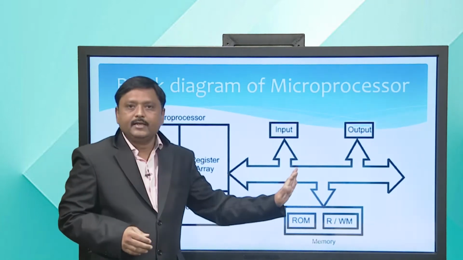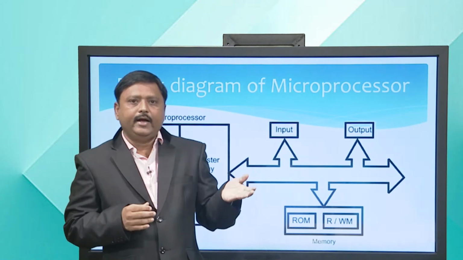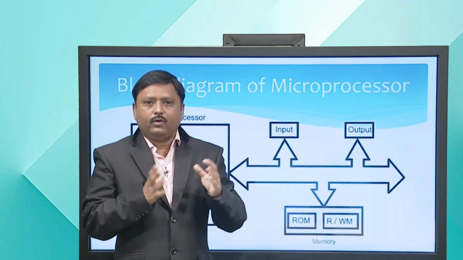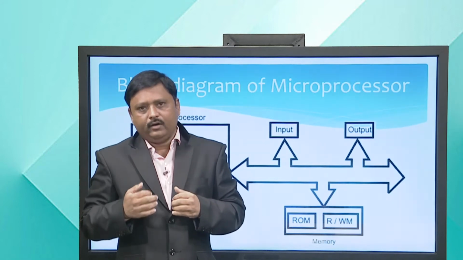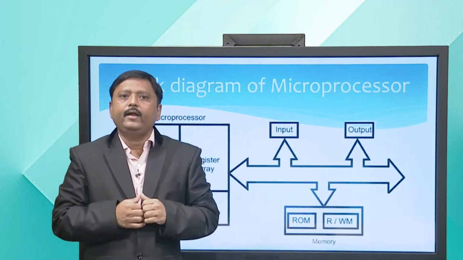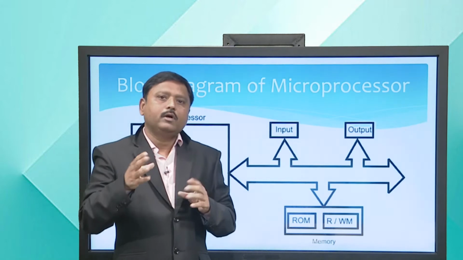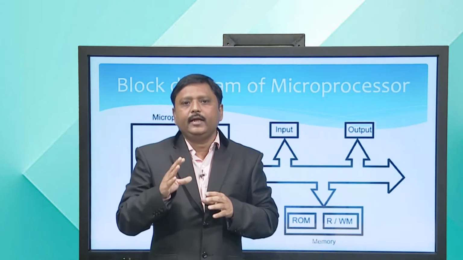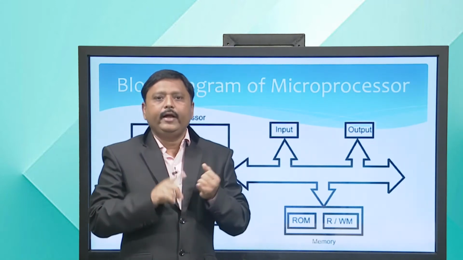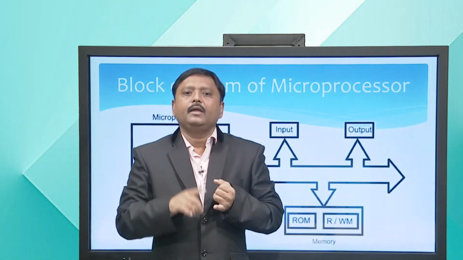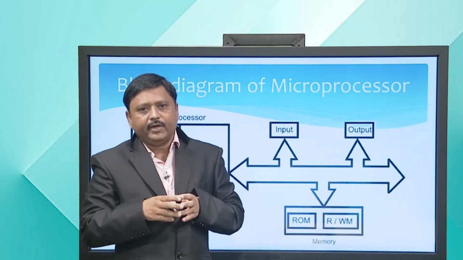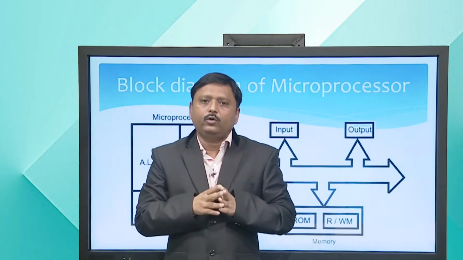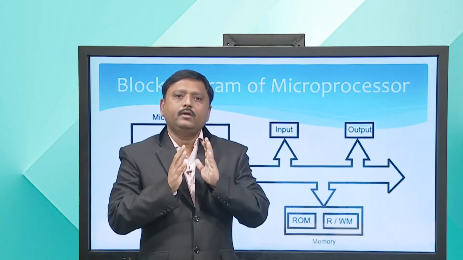A bus carries either an address for fetching data from memory, actual data for processing, or control signals. So, there are three types of bus: data bus which carries data, address bus which carries the address of particular memory locations, and control bus which carries control signals.